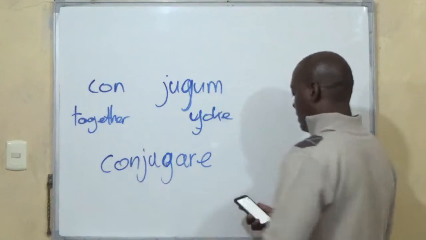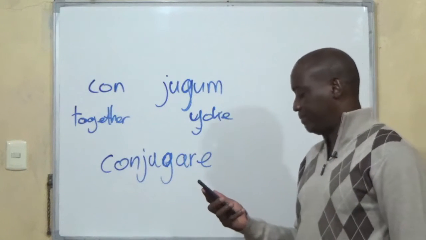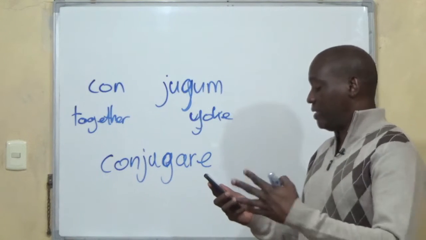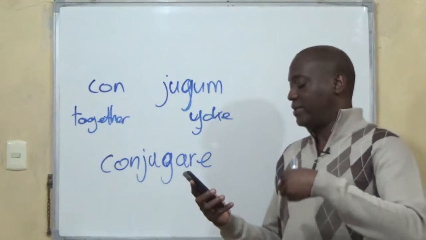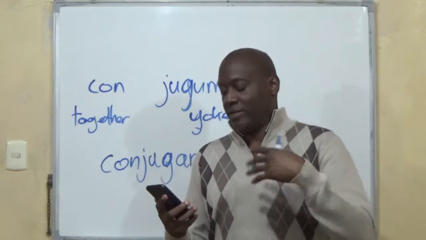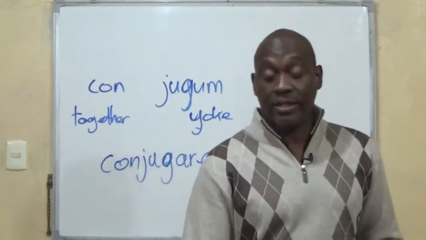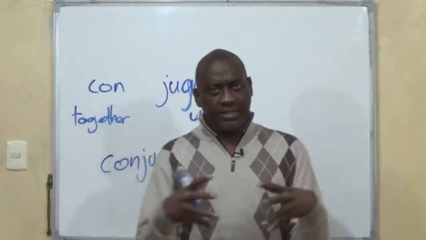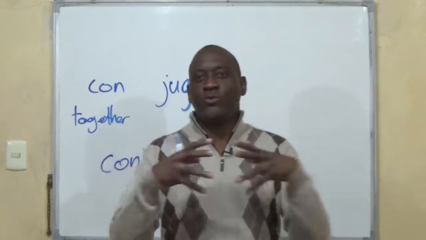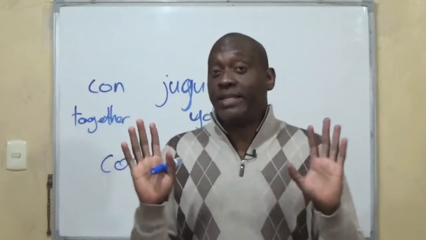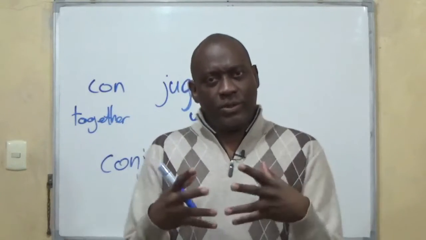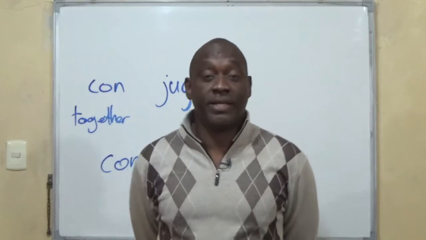So this is probably a more full expression of the word, and of course the word evolved from conjugare to conjugate. The whole idea is that you're yoking something together. You join things. It could be two or more things, but we talk about two things joined together.